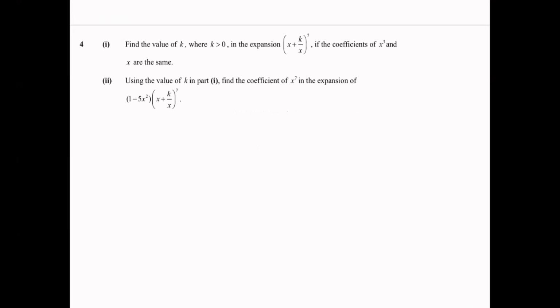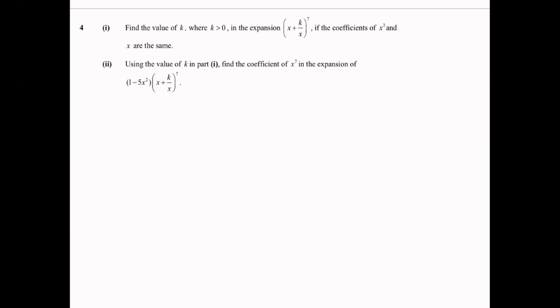Okay, let's look at the next question, question 4. Find the value of k, where k is more than 0, in the expansion of (x plus k over x) whole thing power 7, if the coefficients of x cubed and x are the same. So you already learned the r plus 1 formula, right?